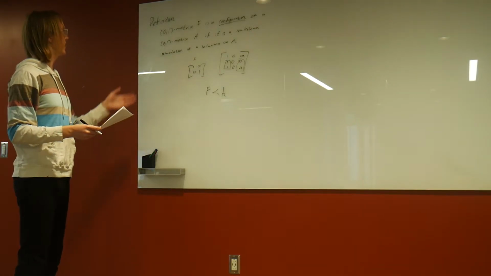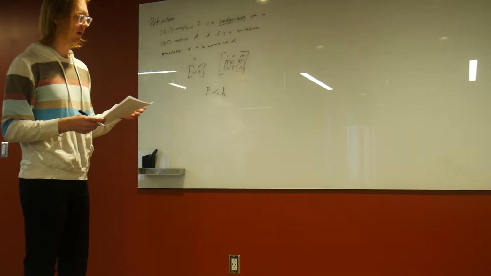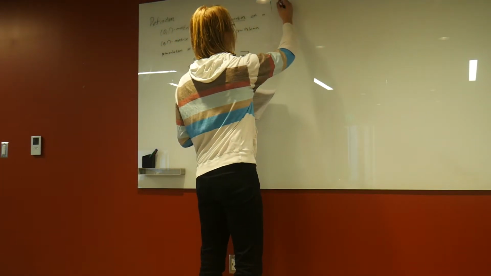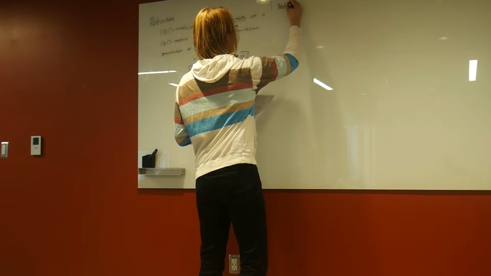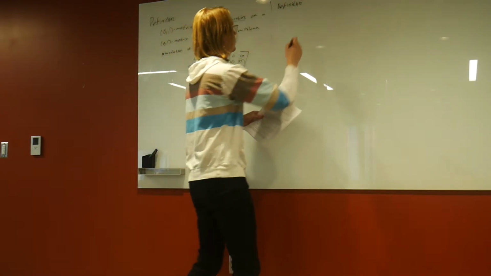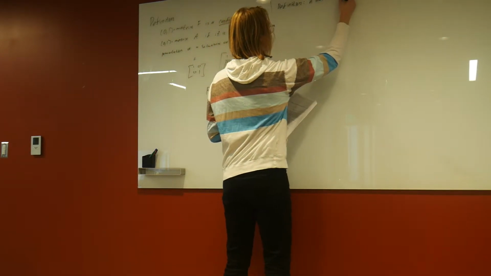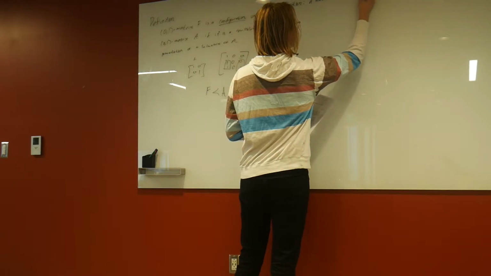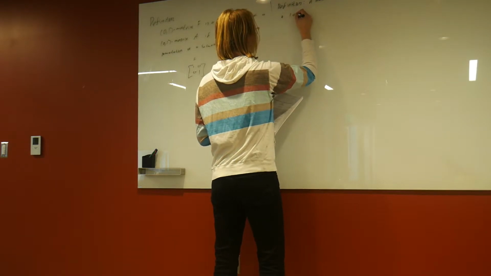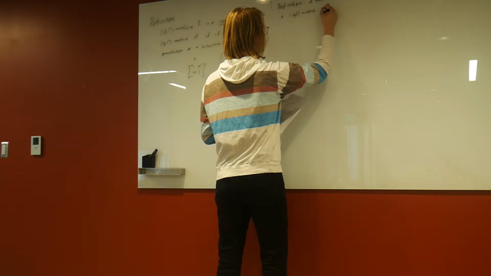Okay, so now that we've defined configuration, we can define the next important thing. One more basic definition is we call a matrix simple if it is a 0, 1 matrix and it has no repeated columns.